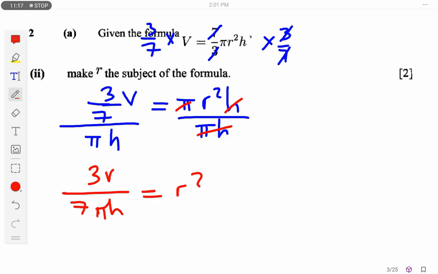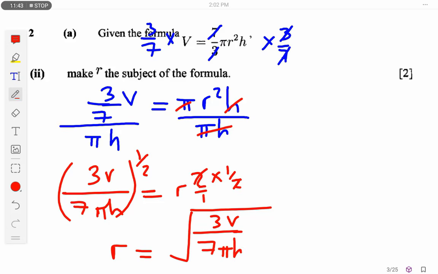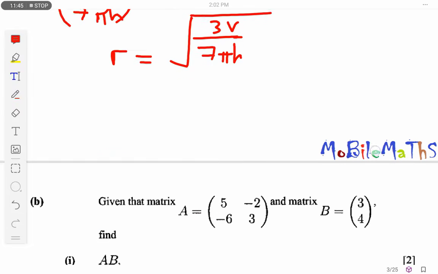Okay, so to get our R, R is to the power of 2, I can multiply by half here because this is the same as 2 over 1. I also multiply here by 1/2. So these will cancel off each other and we get our R. Okay, so our R is equal to, any number to the power of half is the same as square root. So I can say it's the square root of 3V over 7 pi H. That's the final answer there.